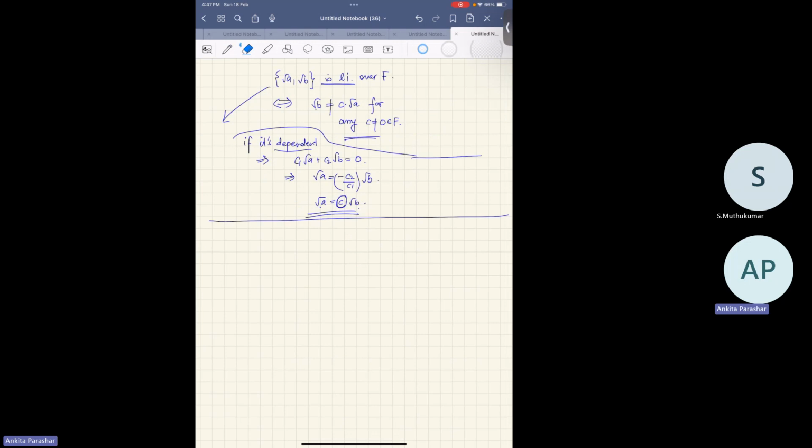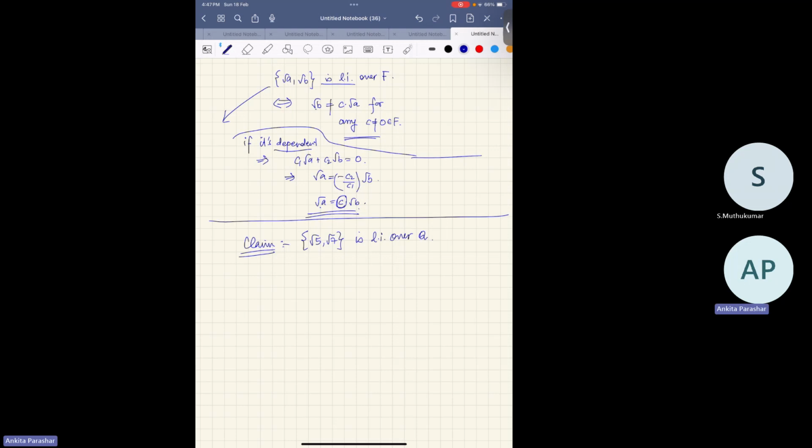So if we want to understand the same concept, let's say for root 5, root 7, because we did the same computation for this. So why do we say that this is linearly independent over Q? My claim is this.